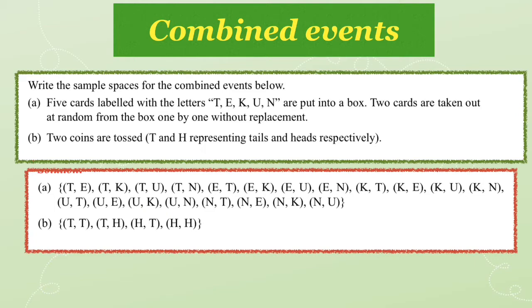For B, the answer is {(T, T), (T, H), (H, T), (H, H)}. The answer must be in ordered pairs in a set form, so you must write the braces to indicate it is a set.